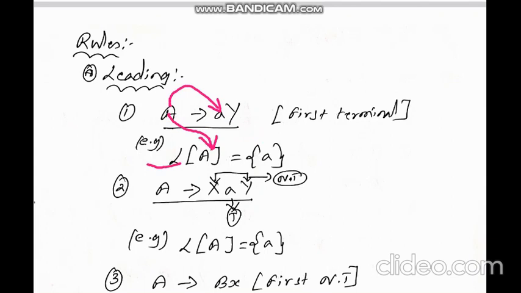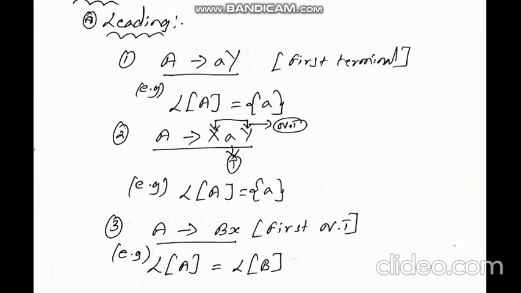Let me take you to the next part. If you find a production like A tends to capital X, small a, capital Y, that is, a terminal is present in between two non-terminals. It can be an operator, it can be anything, but we call it a terminal. It can be plus, minus, equal to, divide symbol, whatever it is.